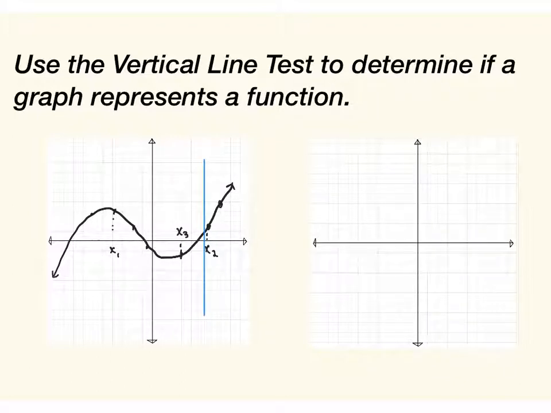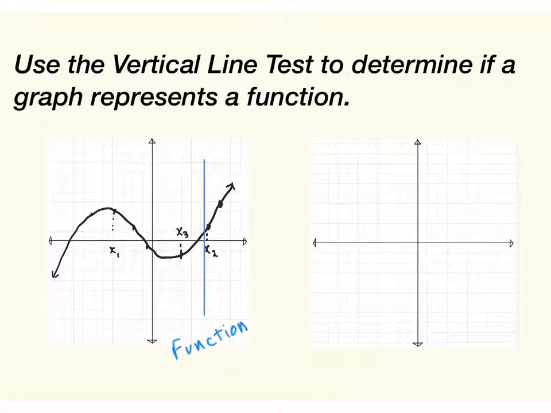Okay. That line again passes through a single location on the graph. There's no part of the graph up here or down here. And I'm just going to let my red line, just imagine that we did this to infinity. There is no vertical line that would connect more than one point that is on this graph. Therefore, this graph is a function. And the vertical line test demonstrates that.